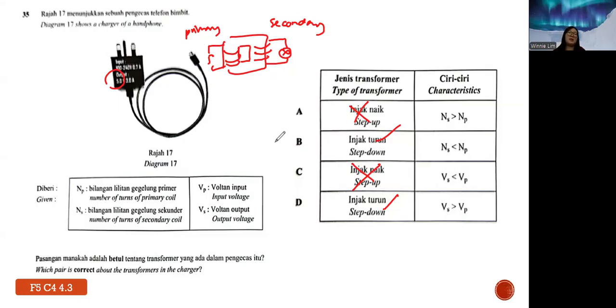So the option is B. Number of turns secondary is less compared to primary.